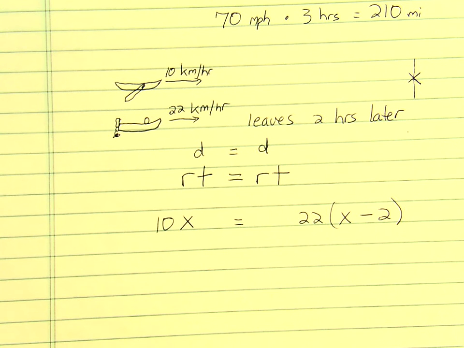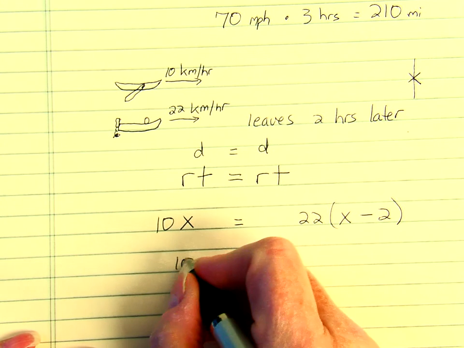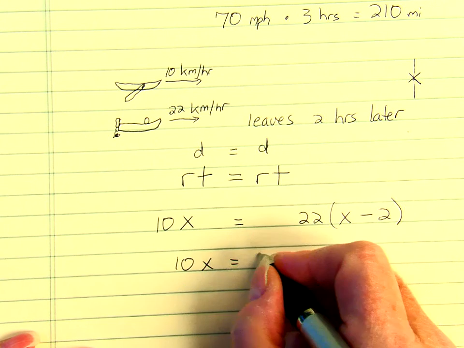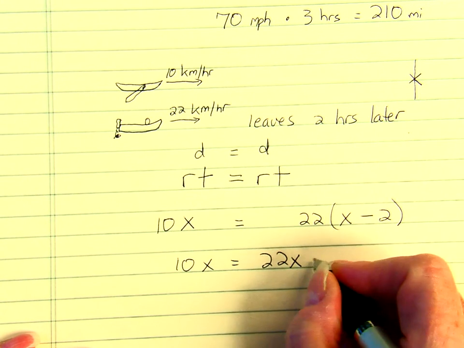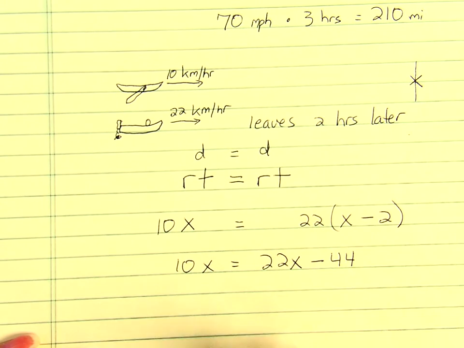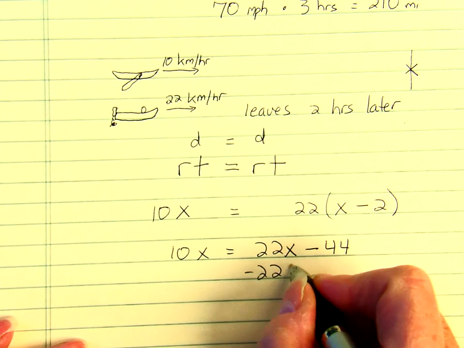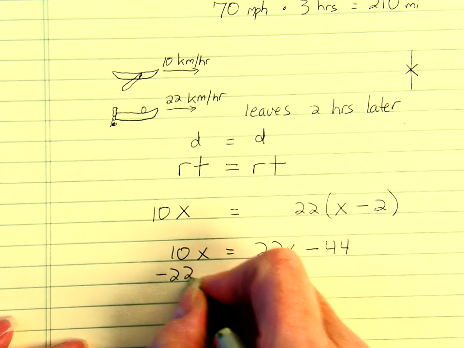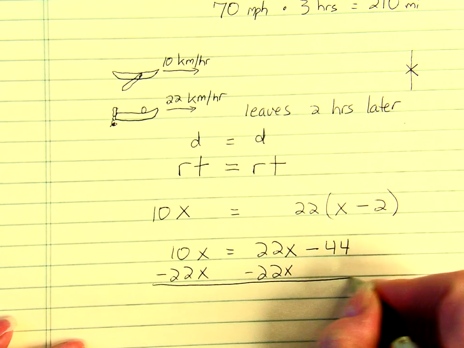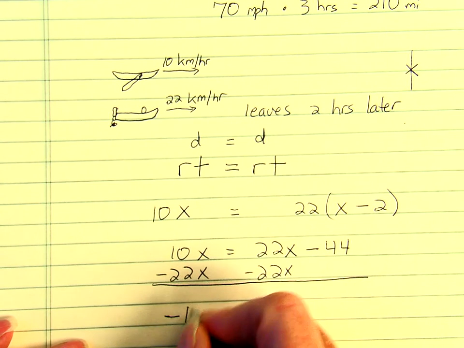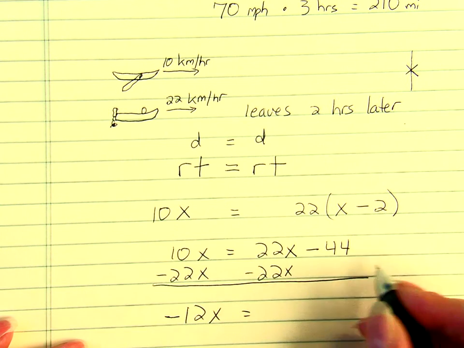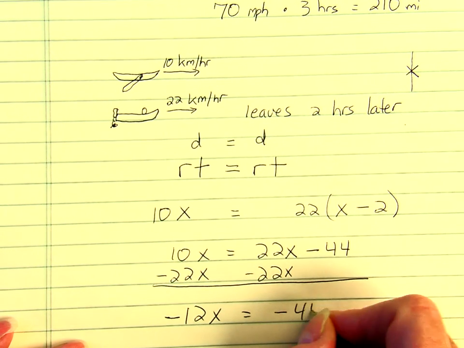Now, all I have to do is solve it. This becomes 10x equals 22x minus 44. I will subtract 22x from both sides, subtraction property of equality. This gives me negative 12x equals negative 44.